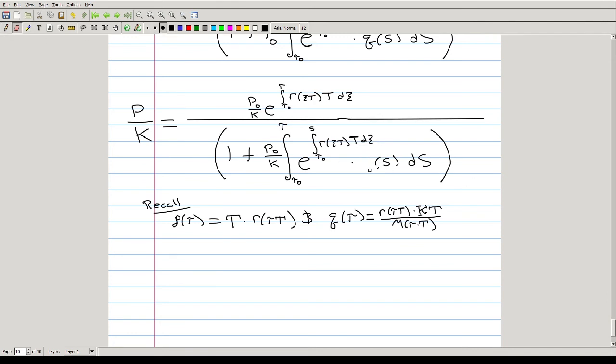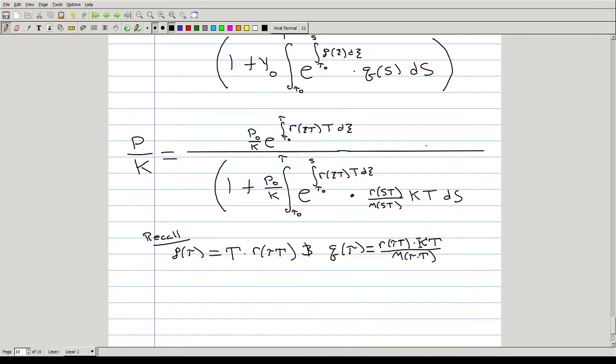And this q of s, again, s is an integration variable for tau, representing the integral of q of tau. So q of s is r of s times t over m of s times t times kt ds.